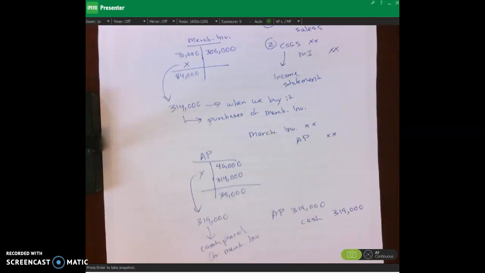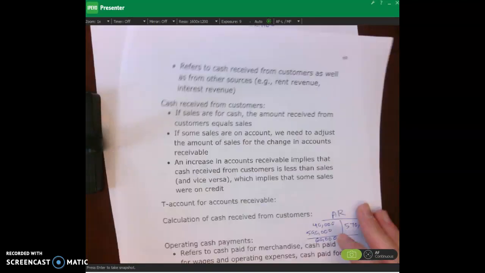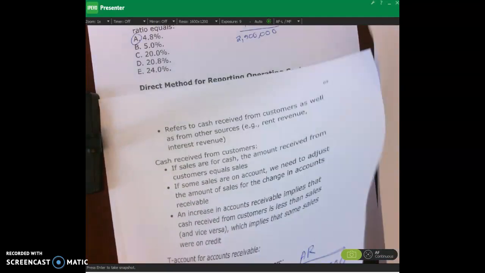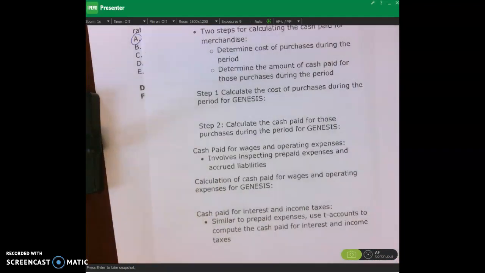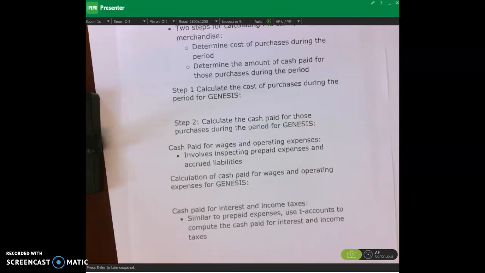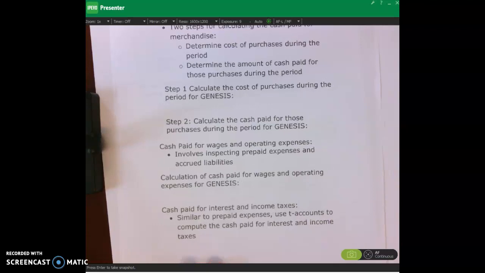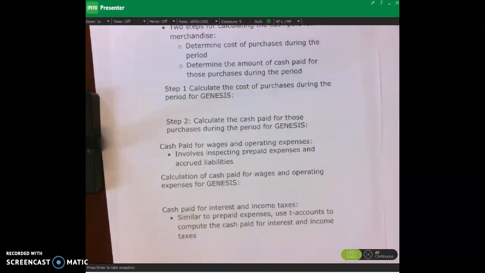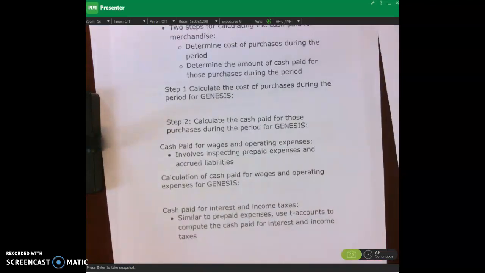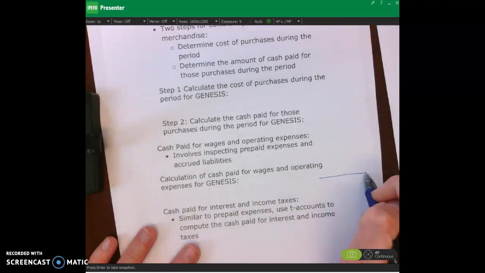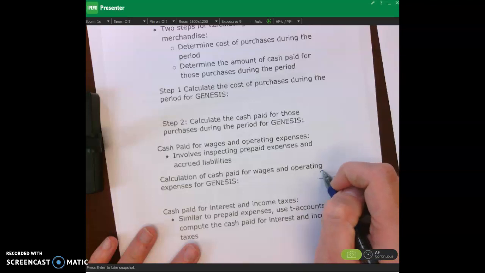Okay? So now let's continue on and look at our cash paid. We talked about our cash paid for merchandise inventory. Let's look at our cash paid now for wages and other operating expenses, 218, and then cash paid for interest and cash paid for taxes. So in terms of our calculation for cash paid for wages and other operating expenses, we have to look at our T account for prepaid.